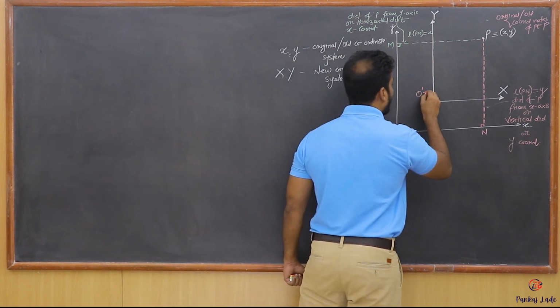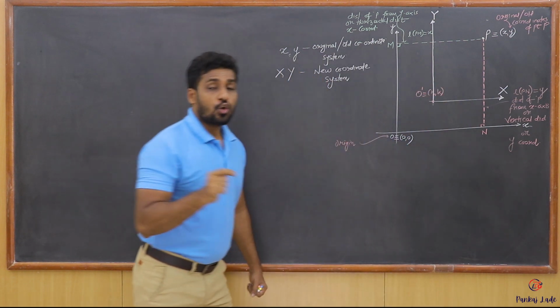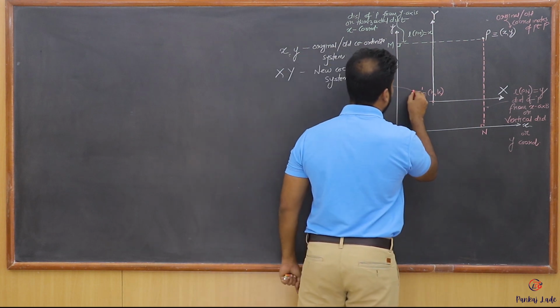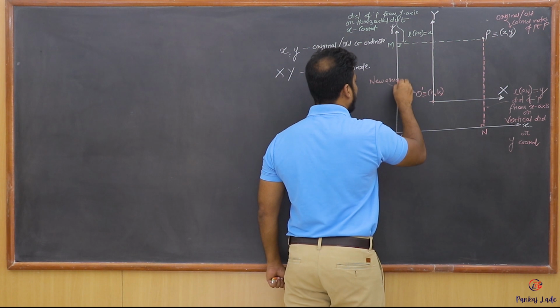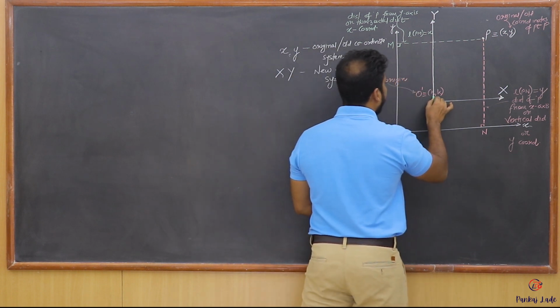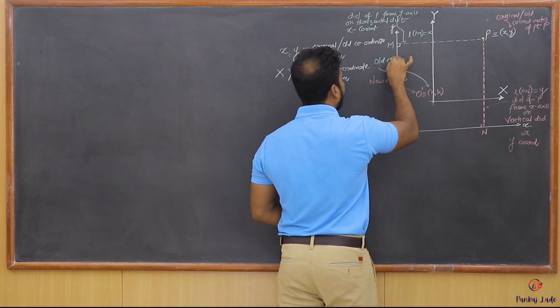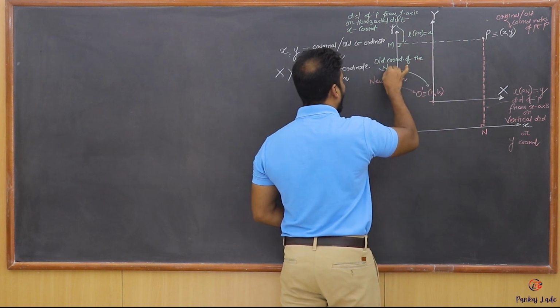And this will have what coordinates? It is having h comma k. Now understand, h comma k are the old coordinates of the new origin. So this is the new origin. Getting or not? And these coordinates h comma k, these are the old coordinates of the new origin.